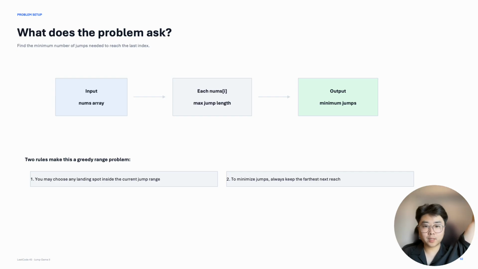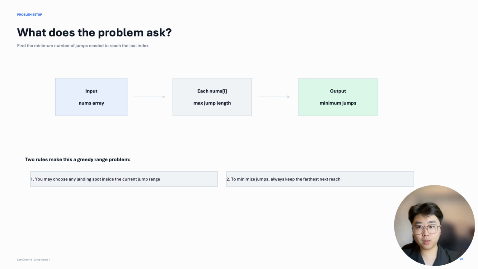The problem gives us an array called nums. Each nums[i] tells us the maximum distance we can jump from index i. Our goal is not only to reach the last index, our goal is to reach it with the minimum number of jumps. This is the key difference.